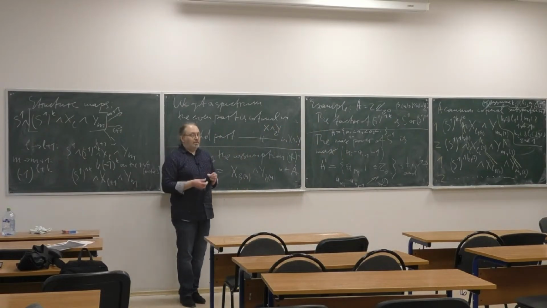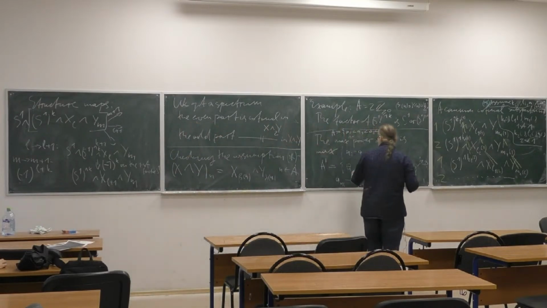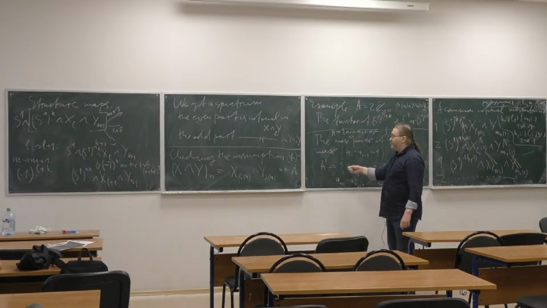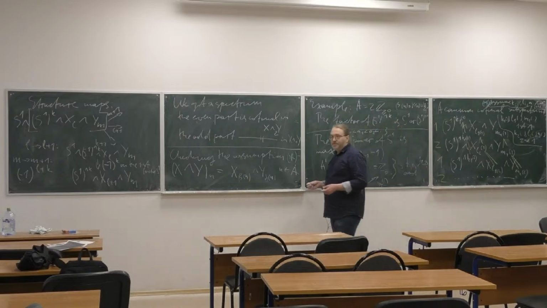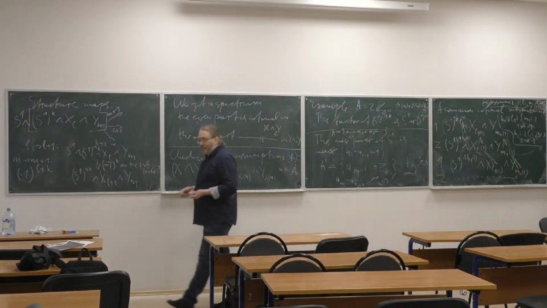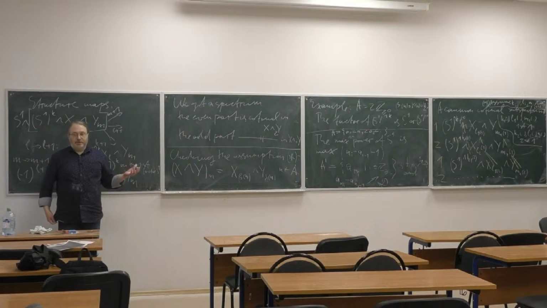And then we keep only those elements of the product which have indices in this subset, and replace the rest with suspensions. Okay. Are there any remarks, suggestions, criticism?